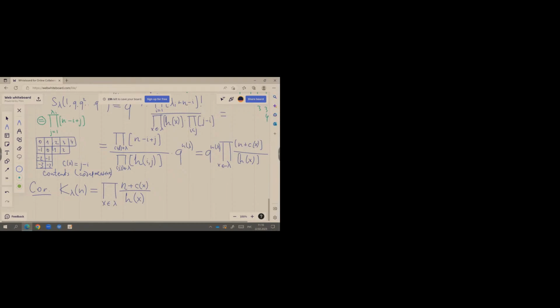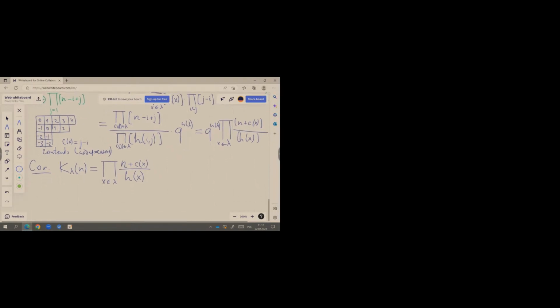So now we can write down the hook length formula I announced last time. I can write asymptotically that the highest term of this thing as a function in n is n to the power number of boxes in lambda, divided by the product of hook lengths.